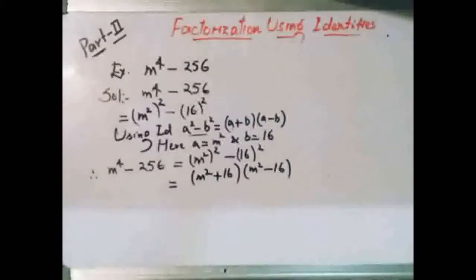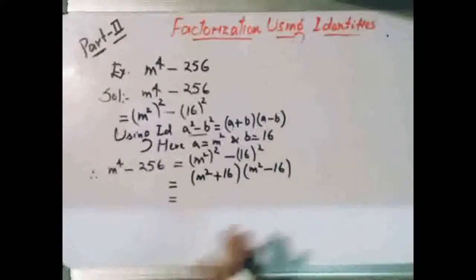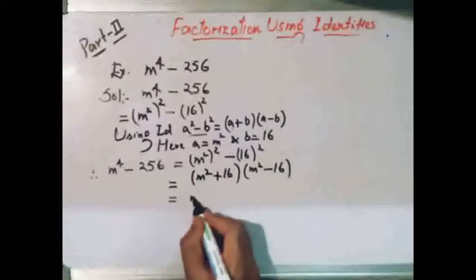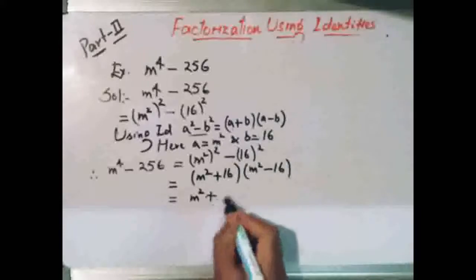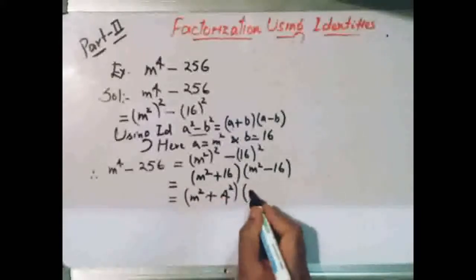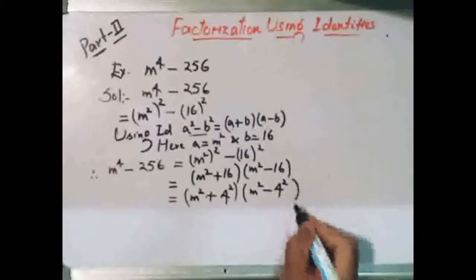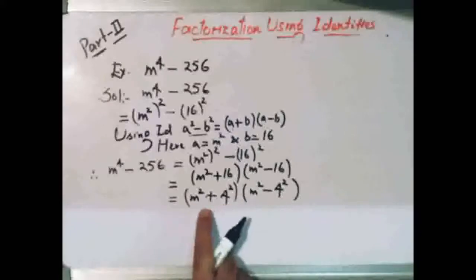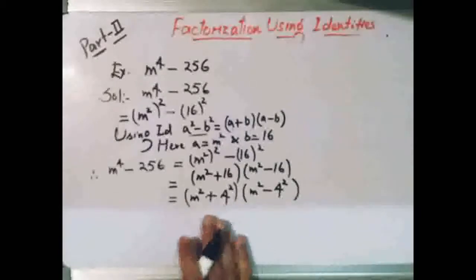Now this can be reduced further. m square plus 4 square, times m square minus 4 square. Now for this m square plus 4 square, there is no such identity with the help of which we can reduce it, so let's keep it as such.